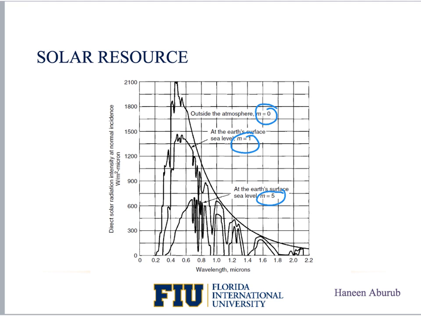Passing through more atmosphere means that less energy arrives at the Earth's surface from the sun, and the spectrum, you can see here, shifts toward the longer wavelengths.